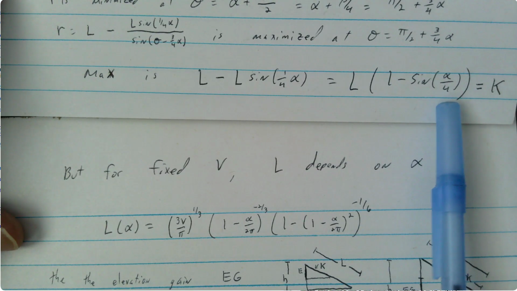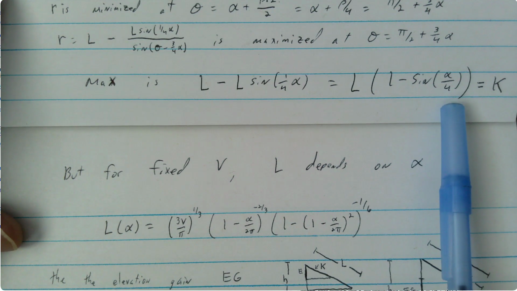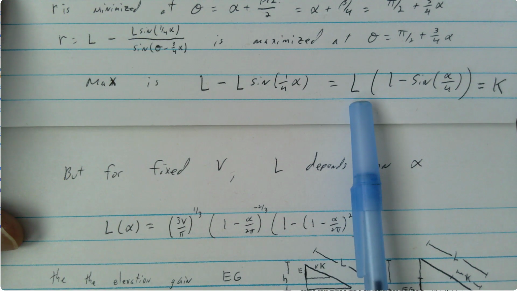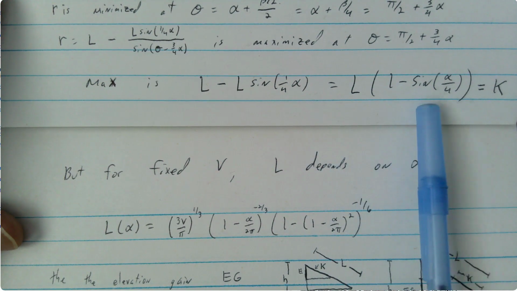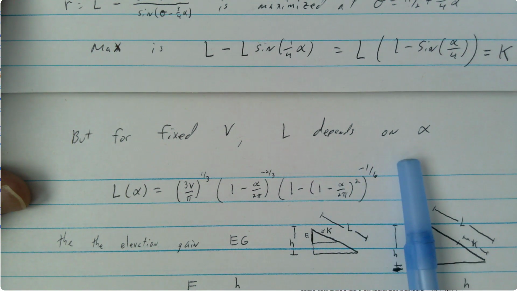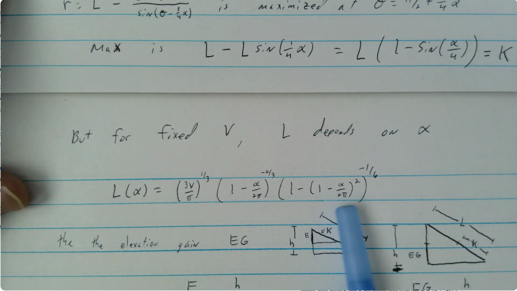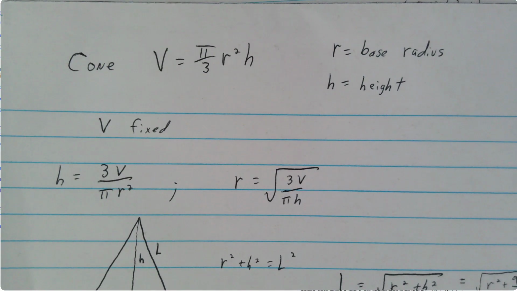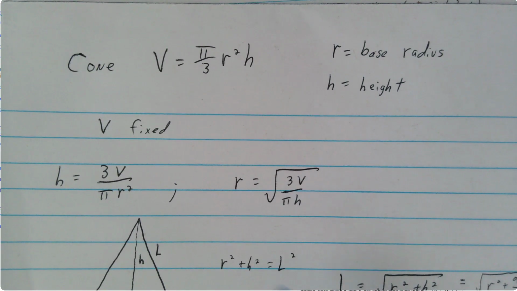But alpha is not the only variable here, because to have a fixed volume, if I change alpha, I'll have to change L, so I have the same volume. So for a fixed V, L also depends on alpha. And there's the formula in terms of alpha. Just as a reminder as to how to get L in terms of alpha, right?